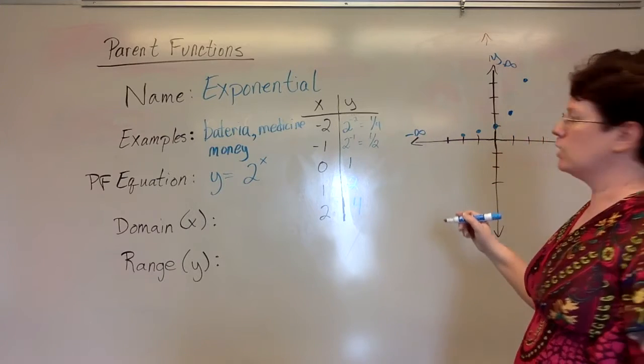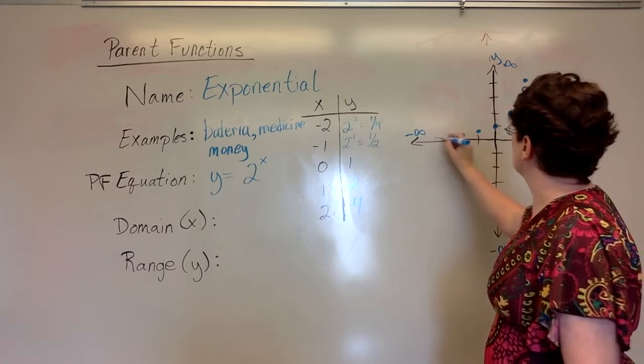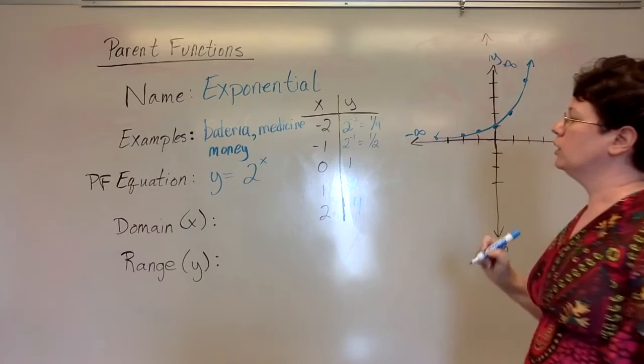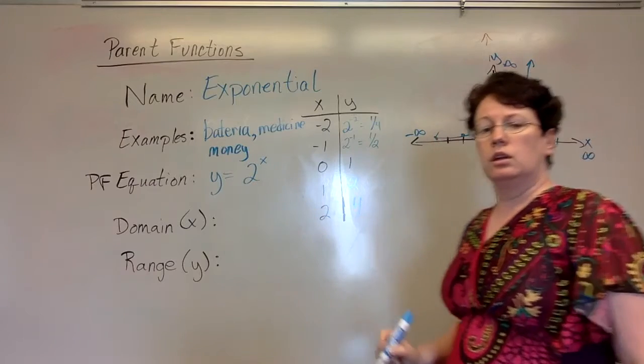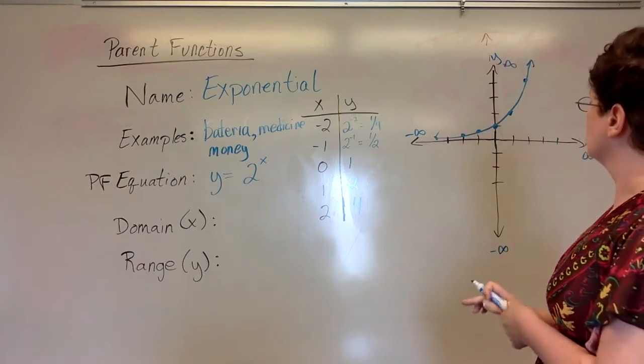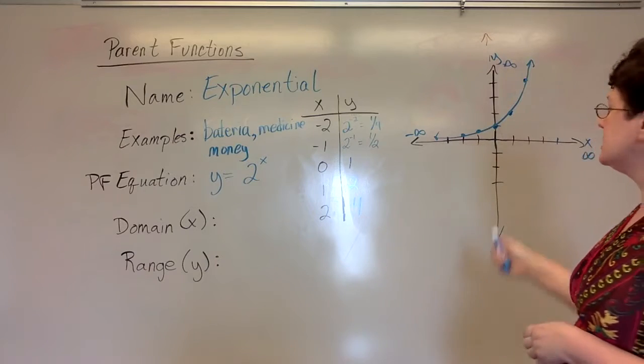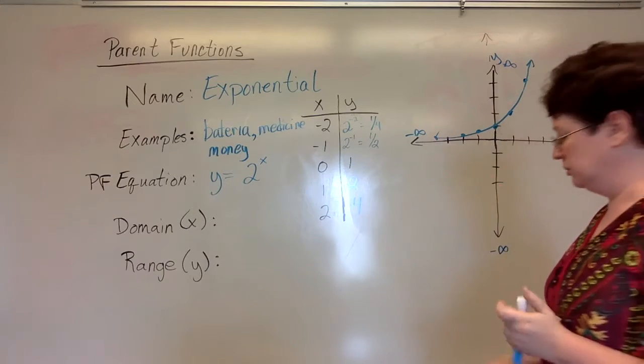You may remember this from Algebra 1. They did basic exponential curves. This would be an exponential growth because the 2 is bigger than 1. So we're growing. It's going up and to the right. But guess what? It's never going to touch 0.